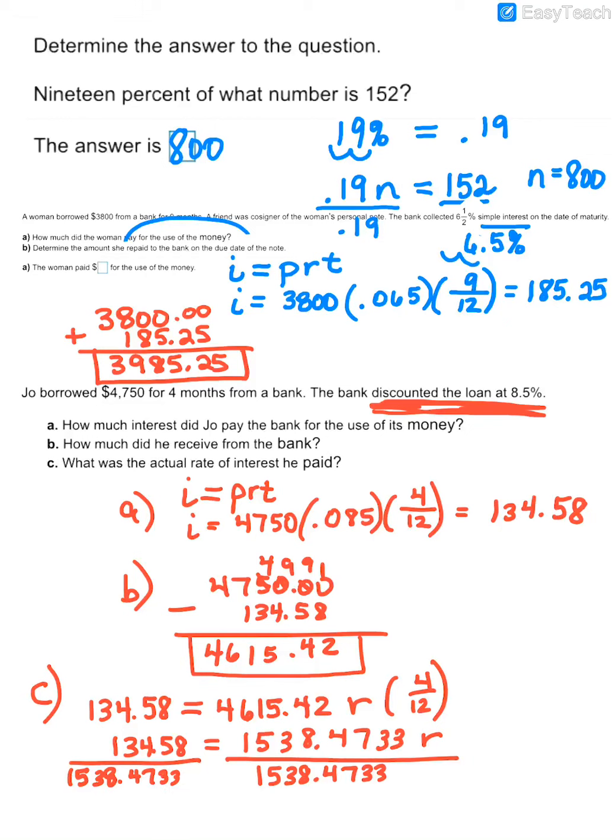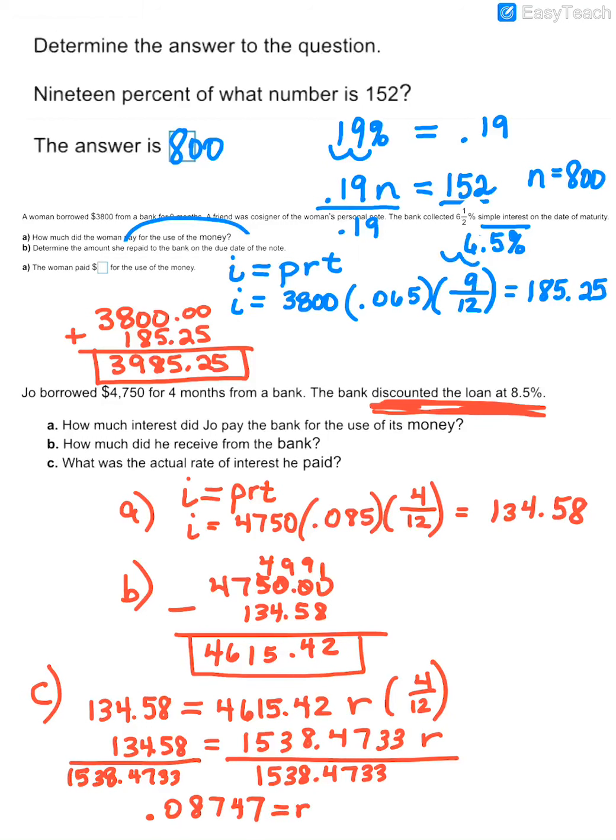And so, again, hop on the calculator, 134.58 divided by 1538.4733. And we get a decimal of 0.08747. Now remember, that's the decimal form.